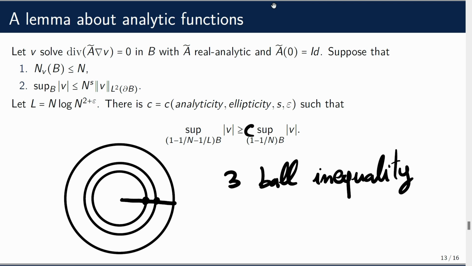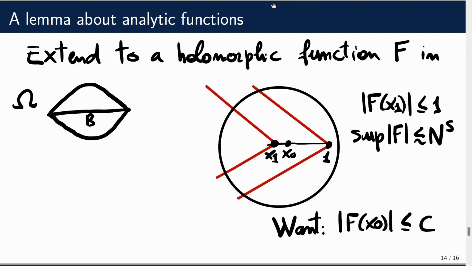It tells us that if we have an a priori control, which depends on n, on this larger ball, and we control by 1 our analytic solution of an elliptic PDE with analytic coefficients on the smallest ball, then we can control it by a constant in the middle ball. This is a three-ball inequality, but not an obvious one. You need to work for it, because I need this constant to be independent of n.